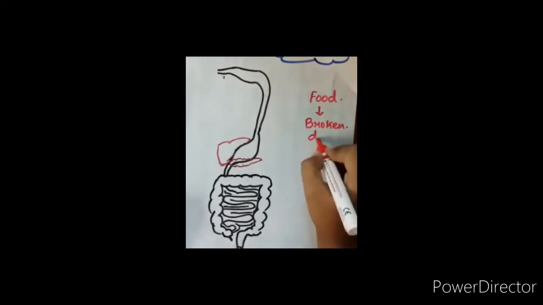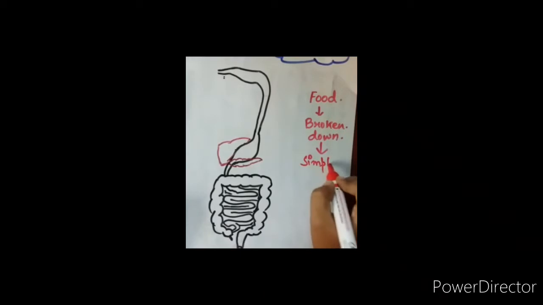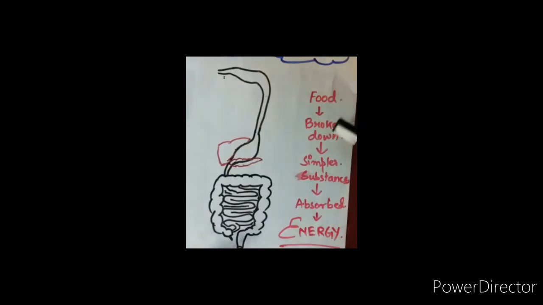When this food is broken down, it is broken down into simpler compounds, simpler substances, and these simpler substances can be easily absorbed by the body to produce energy. So this is the ultimate goal of the digestion process. The food that we take has to be broken down into simpler substances to be absorbed by the body, which will eventually generate energy.